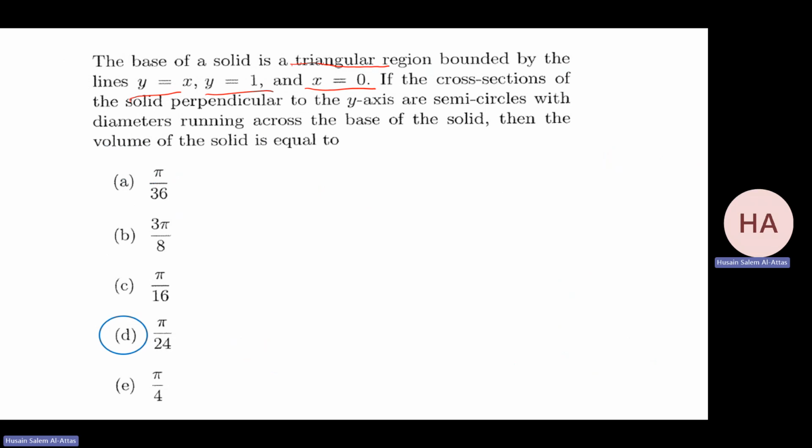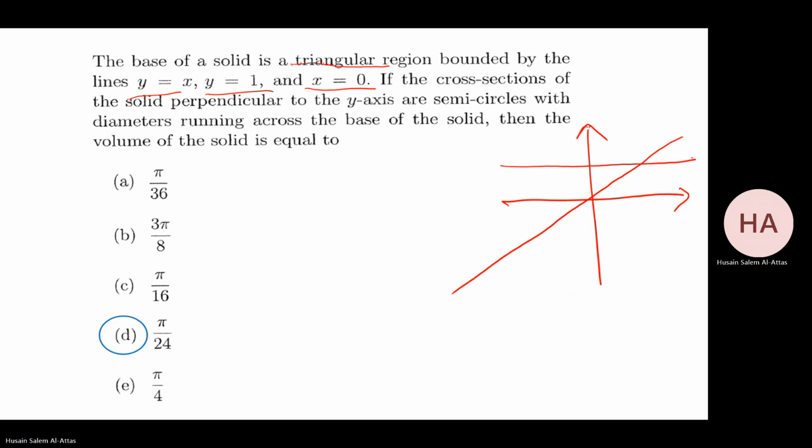What is this? The base of a triangular region bounded by this line. Let me change the color. This is y equals x, y equals 1, x equals 0, which is the y-axis. I'm talking about this region, which is the triangular region.